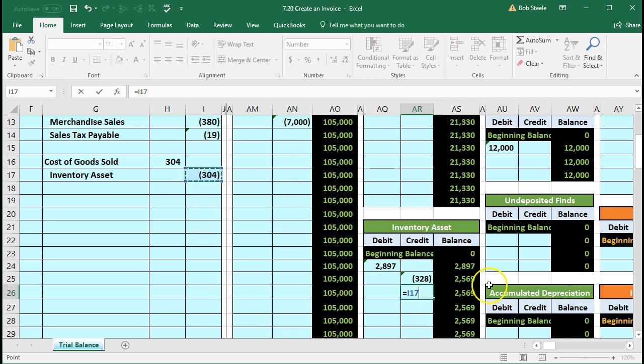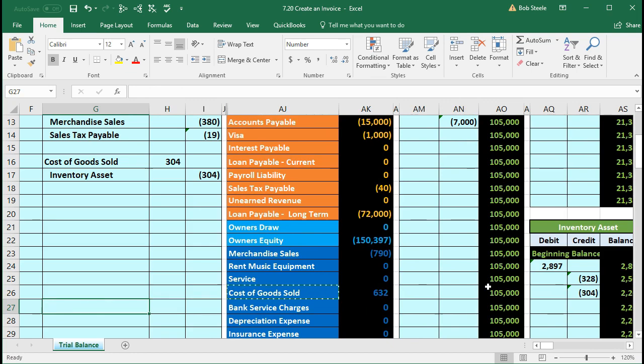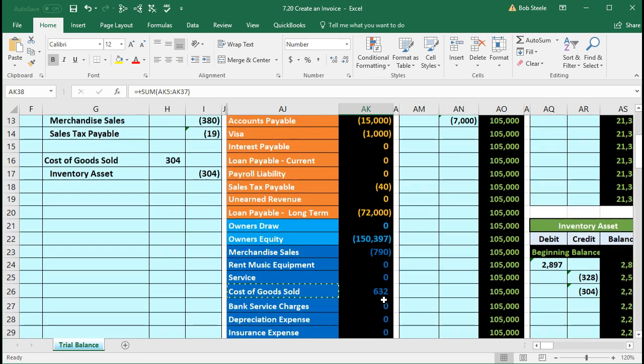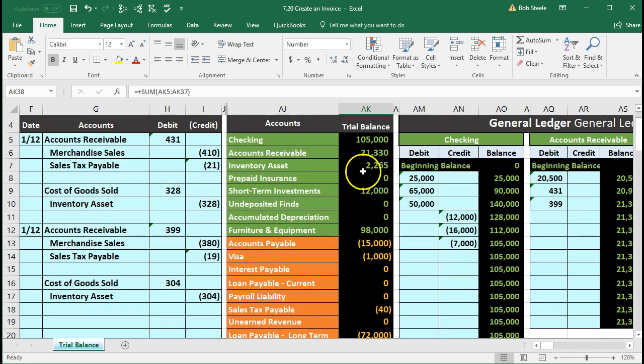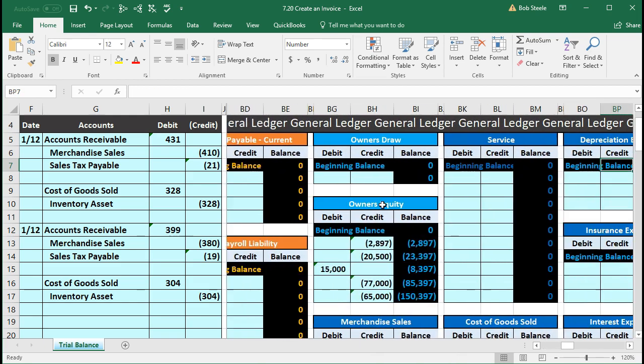That's going to take this 2,569 down because we're doing the opposite thing to it, to 2,265, which hopefully sounds familiar because it should match what's on our inventory ledger. And if we scroll back over here, then we are now back in balance. We see this same amount in the inventory, 2,265. And if we go back to the ledger, 2,265, I'm going to scroll all the way back to our inventory ledger.